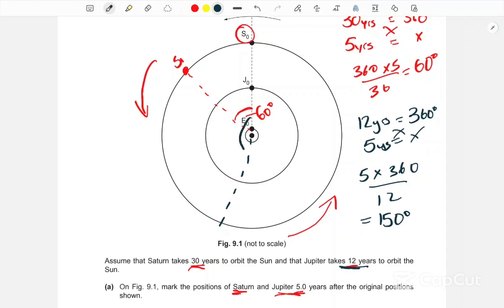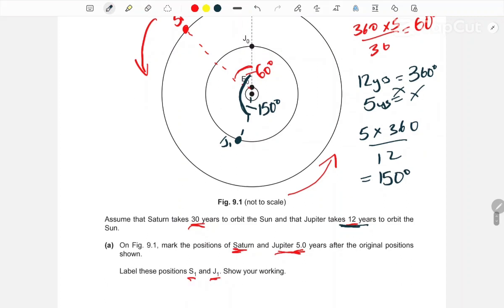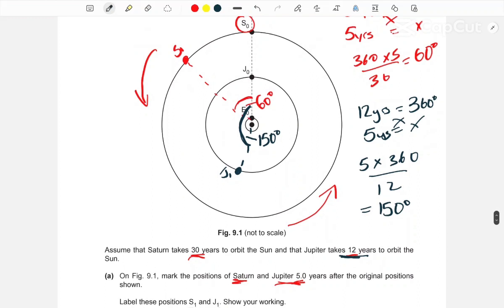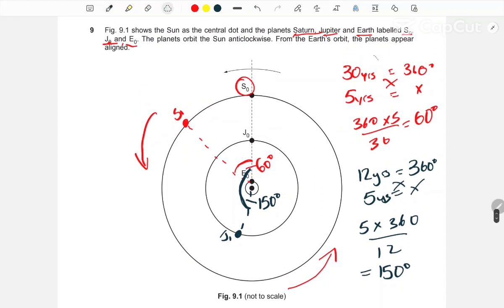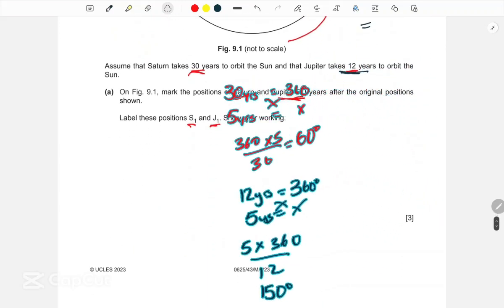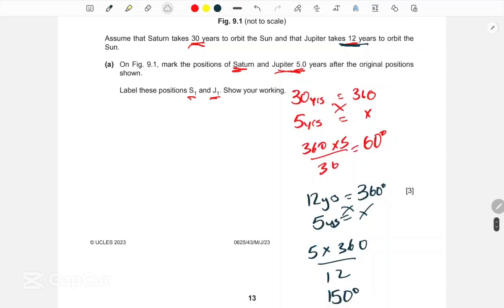So this angle should be 150 degrees, and Jupiter is going to be somewhere here. We can label this as J1. We just have to make sure this is 150 degrees, and for Saturn, it's going to be 60 degrees. So for our working, we can just put this part over here. Let's move on.